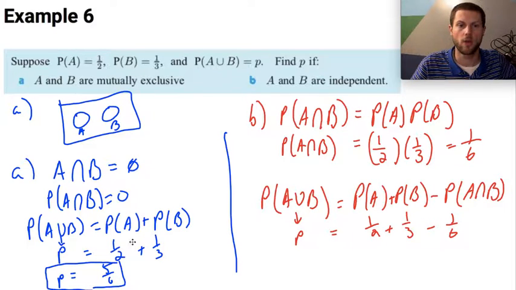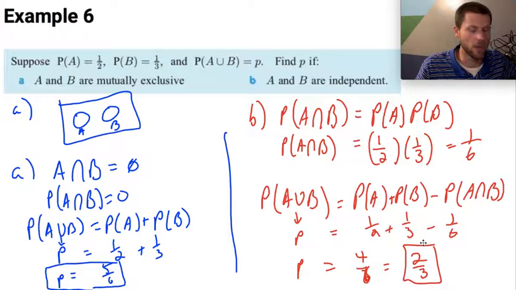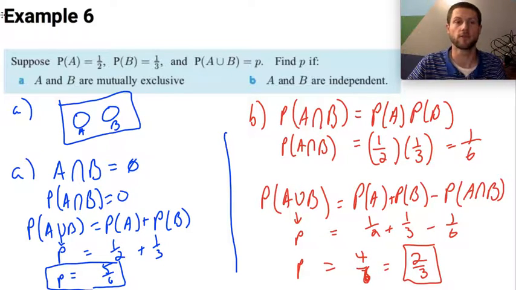I already know that 1/2 plus 1/3 is equal to 5/6. So 5/6 minus 1/6 is 4/6, which is equal to 2/3. And that is what P will equal if we're talking about independent events.